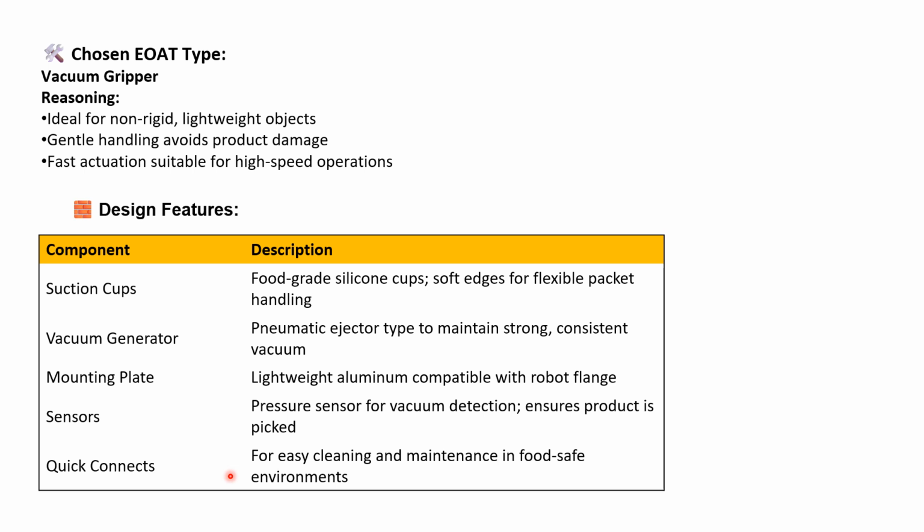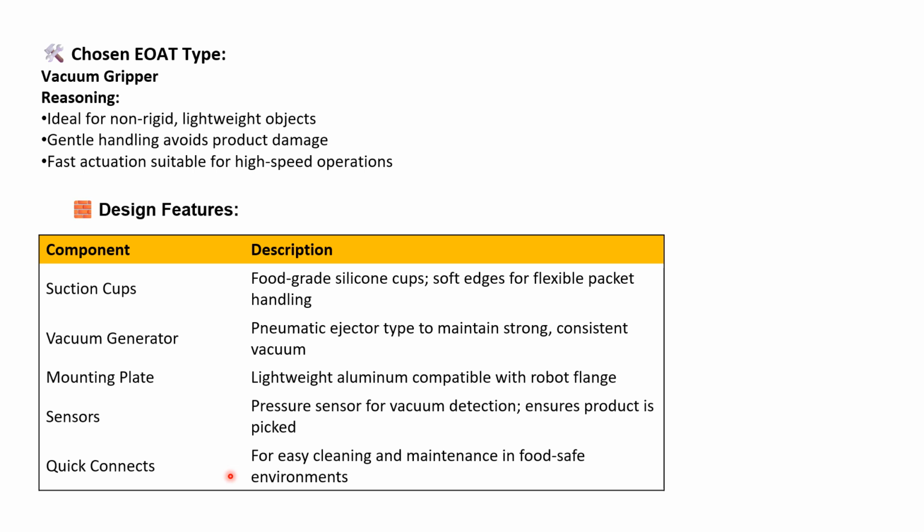We just have to grab the packet and place it into the box. Again, it's a random box. We don't have to place that part precisely on a pallet with precise holes. So we will not require a compensator over here.